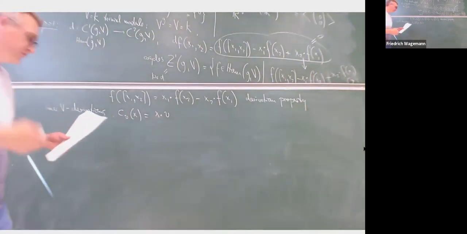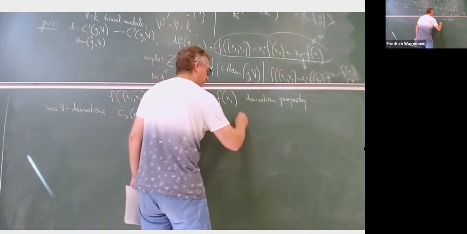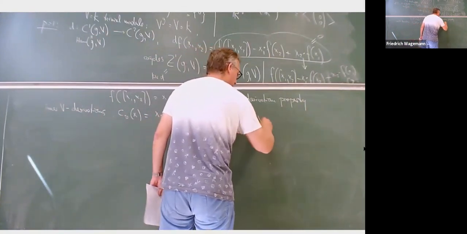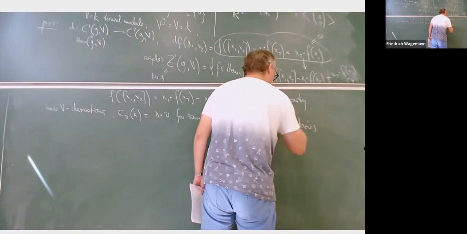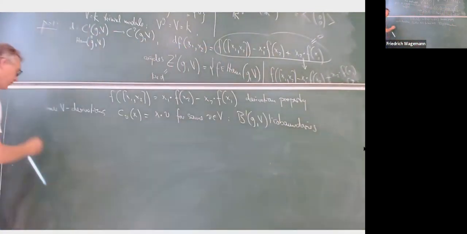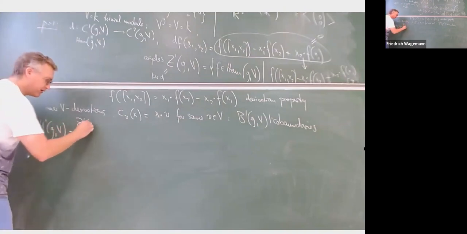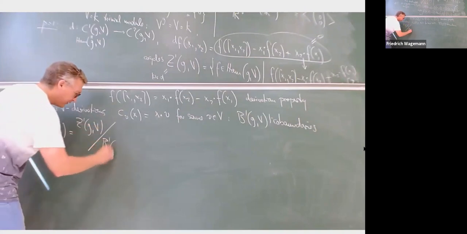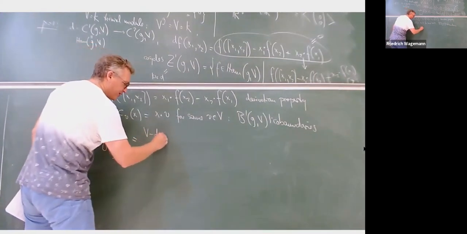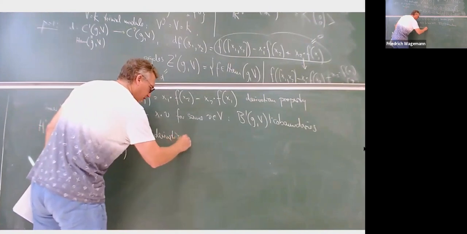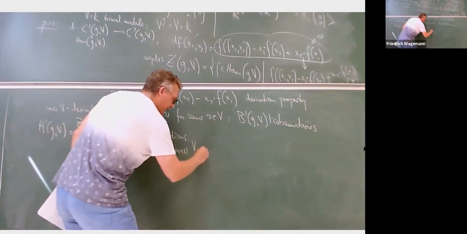And we already saw for some v, and this is B1 of g, V, the one-coboundaries. And so the cohomology is Z1 of g, V divided by B1 of g, V. So it is V-derivations modulo inner V-derivations.